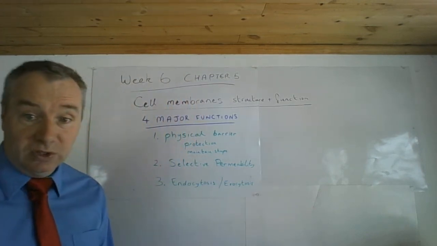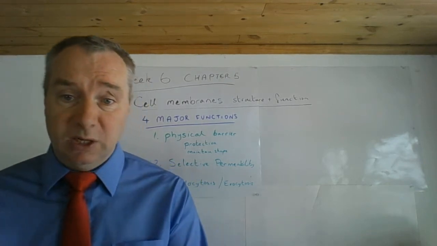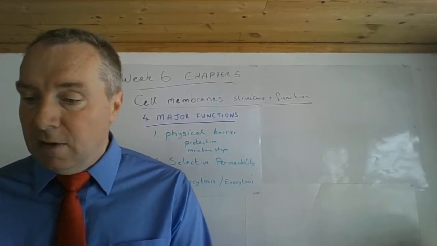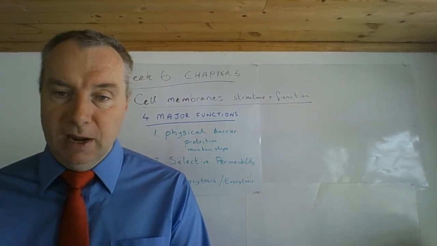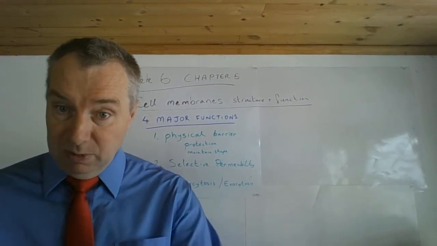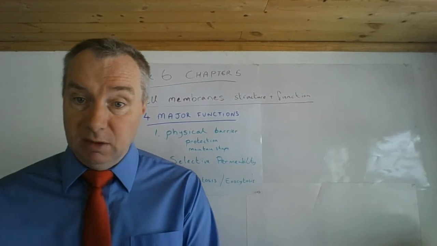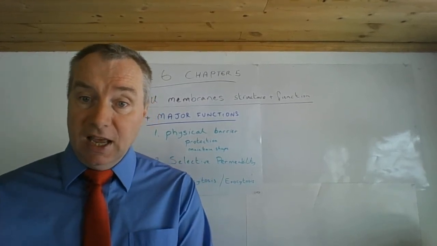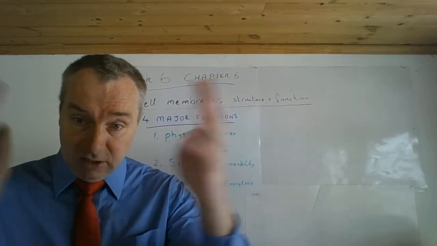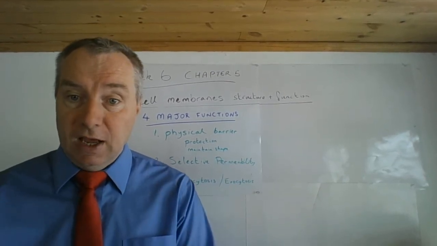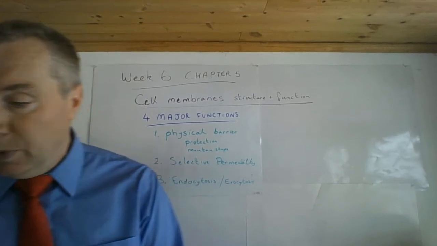We'll cover phagocytosis in a moment. It's a particular type of endocytosis. So endocytosis is when the cell membrane changes shape in order to take something into the cell. And exocytosis is when the membrane changes shape in order to expel something from the cell. And we'll talk about that in a few minutes too.